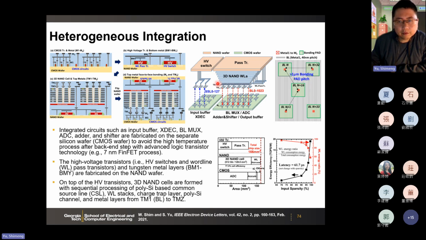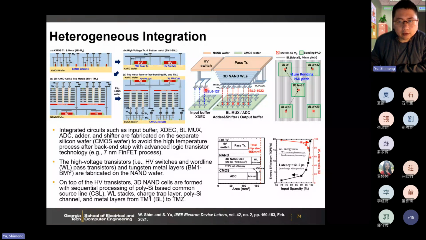We do prefer to fabricate those peripheral circuits in a logic process instead of the 3D NAND process itself. What we can do is integrate the 3D NAND wafer with a logic wafer through bonding. This is a heterogeneous integration.